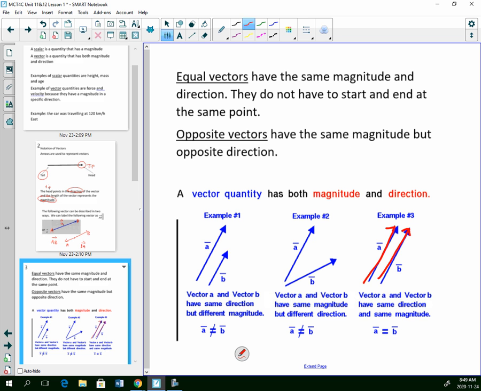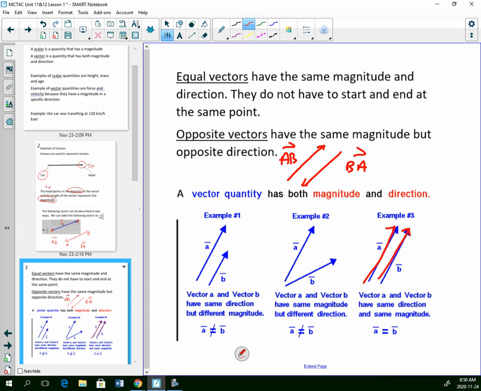Opposite vectors have the same magnitude but opposite direction. So you might have, like the previous one, AB and then BA. AB is opposite to BA. Those would be opposite vectors.